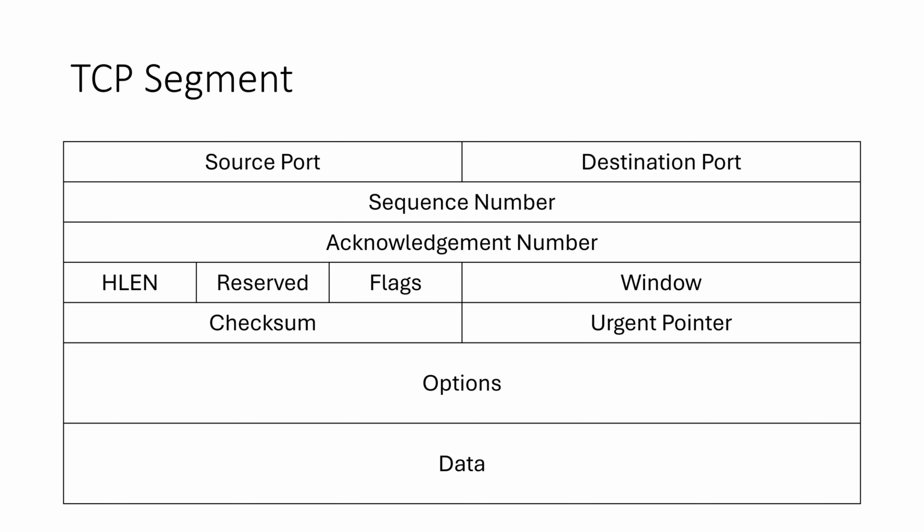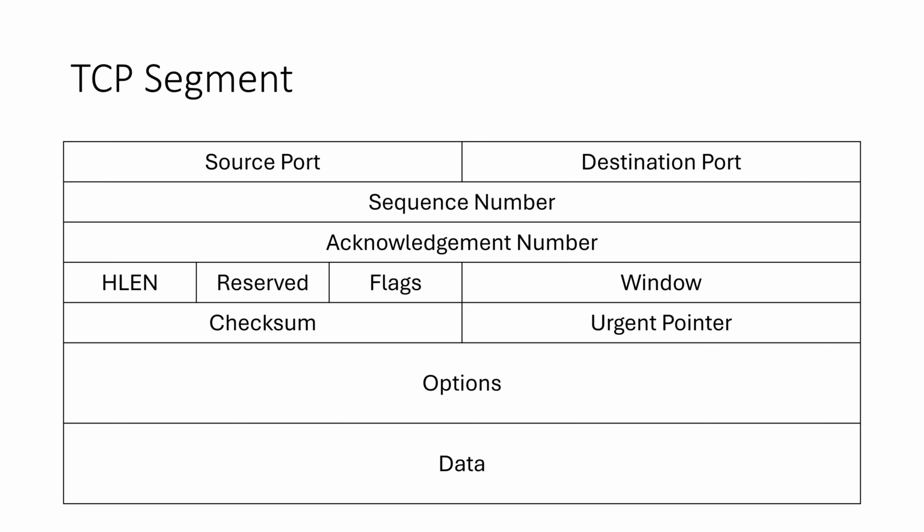Next comes a small but important field, that is HLen or header length, indicating how long the header is. The flags field contains control bits like SYN, ACK, FIN, and others that control how connections are established, managed, and closed. The window size field helps with the flow control, letting each side specify how much data it can handle at a time.